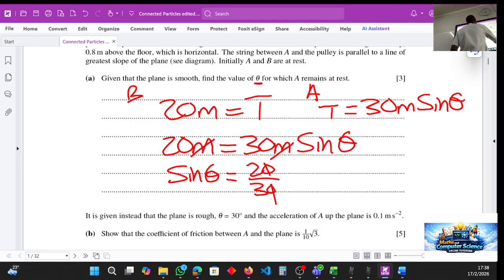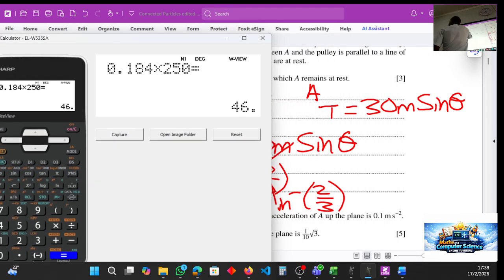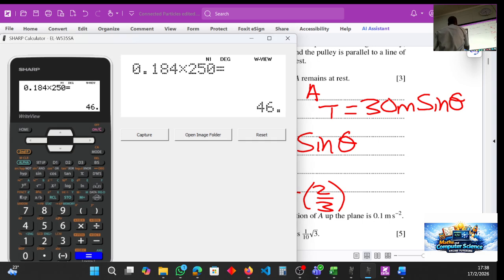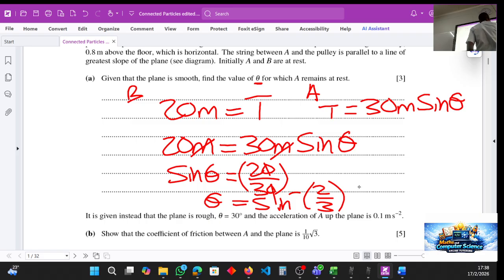Then the m will cancel. So theta will actually be inverse sine of 2 over 3. And here I'll need my calculator: second function sine, then open the brackets, 2 divided by 3, close brackets. It will give me 41.8. So my angle theta is equal to 41.8 degrees.